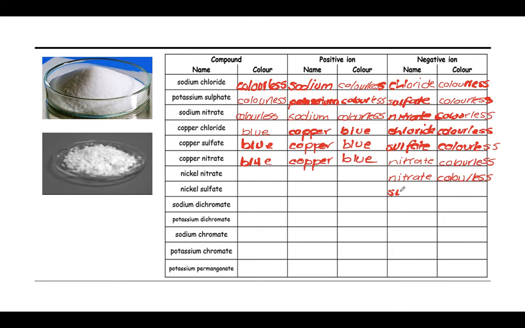Our sulfate is also colourless. So this green colour that we are seeing must come from our positive nickel ion. So the nickel ion then will be green.